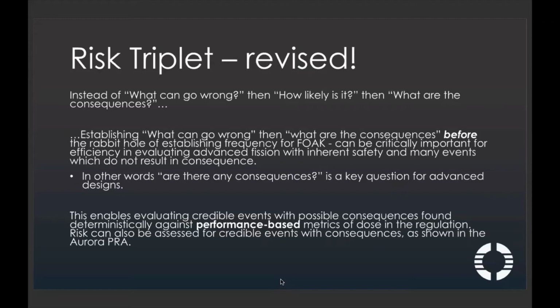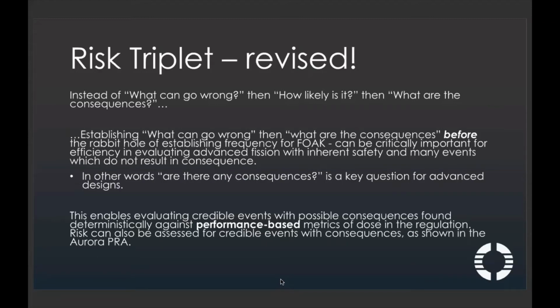In other words, instead of the risk triplet as it is, almost asking first, are there any consequences, may be a key question for advanced designs. This enables evaluating credible events with possible consequences found deterministically against performance-based metrics of dose in the regulation.